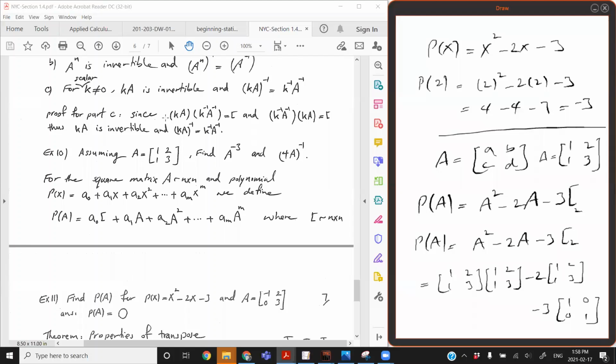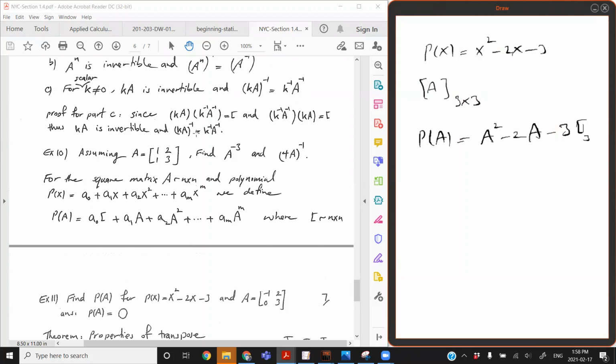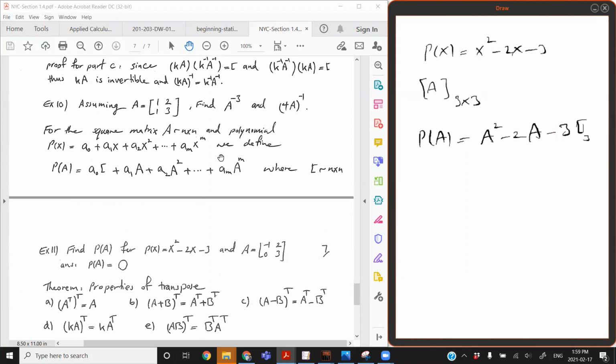And if A is, let's say, 3 by 3, and you have the same polynomial, P of X is X squared minus 2X minus 3, and A is a 3 by 3 matrix, then P of A would be A squared minus 2 times A minus 3 times I3. Then you would use the identity 3 by 3 matrix. So here you have the general definition for that.